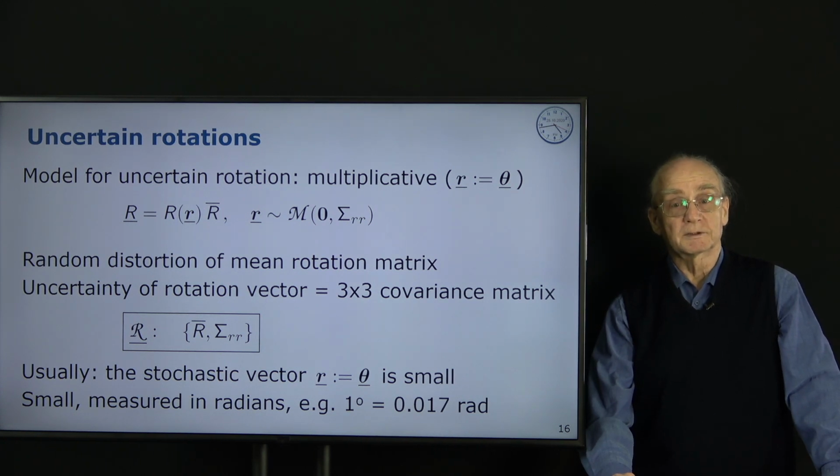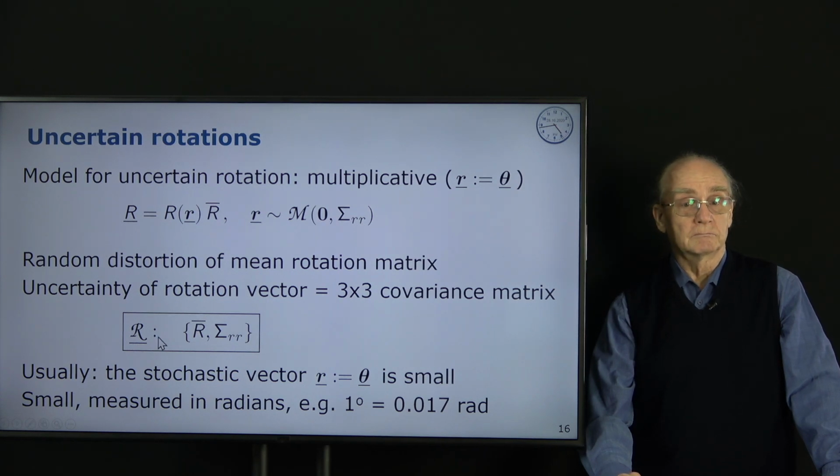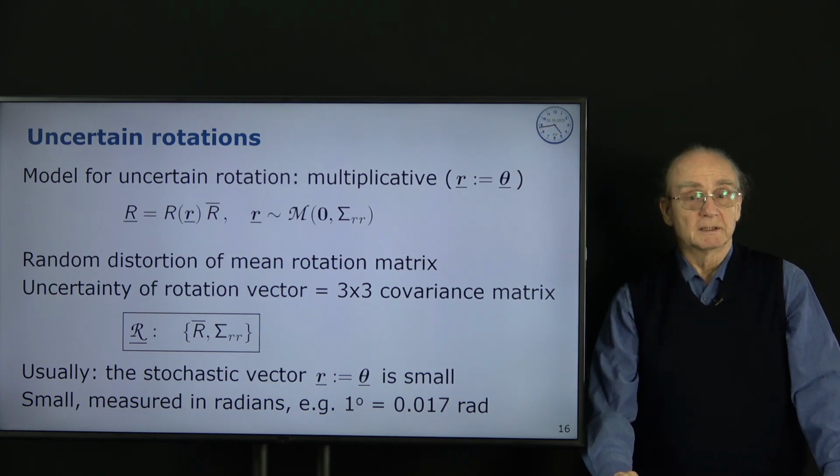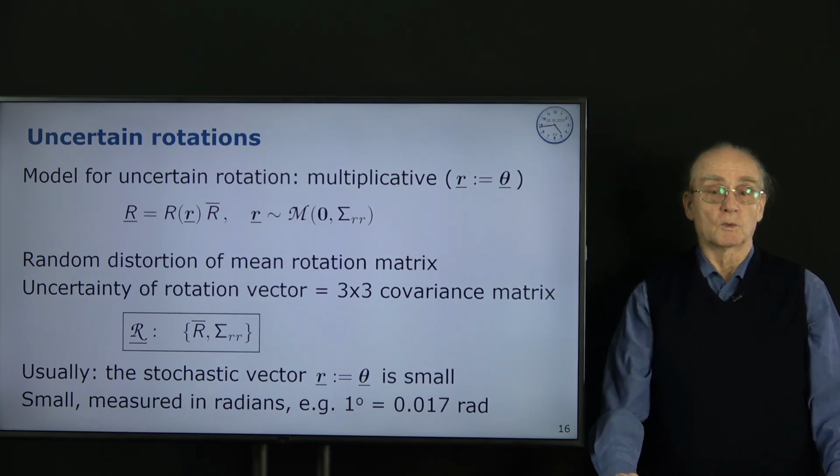That means the covariance matrix has full rank in general. So we could write an uncertain rotation is described by the pair: mean rotation and the covariance matrix of a random rotation vector r. Usually this stochastic vector is small, so let's say below 1%. So this is a reasonable way to describe it.